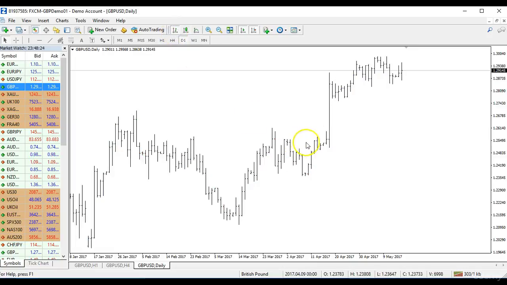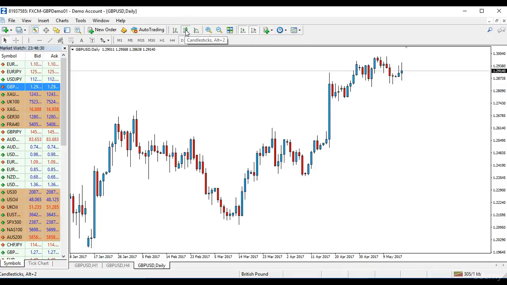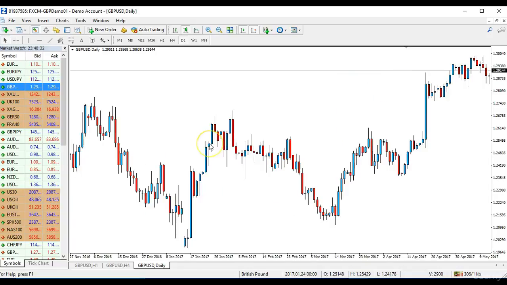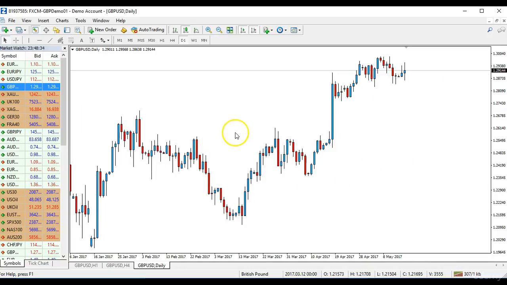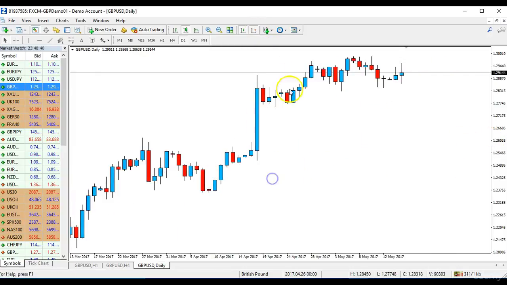That gives you bars. You can click this, which gives you a line, and you can click this, which gives you candlesticks. I use candlesticks because I just find that they are the easiest and most efficient way to understand what's going on in the market.